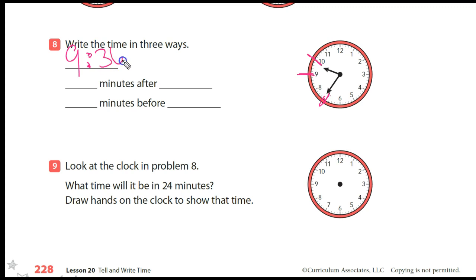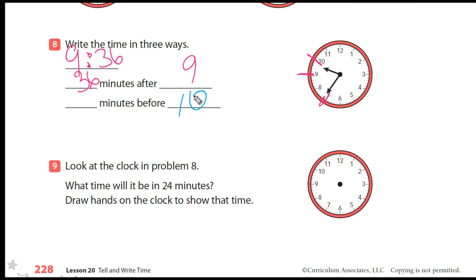You're right. Okay. So we're already past 9 o'clock. So how many minutes past 9 o'clock? You just told me. 36. Now I need to go how many minutes before what? If we're past 9, what's the next hour? 10.